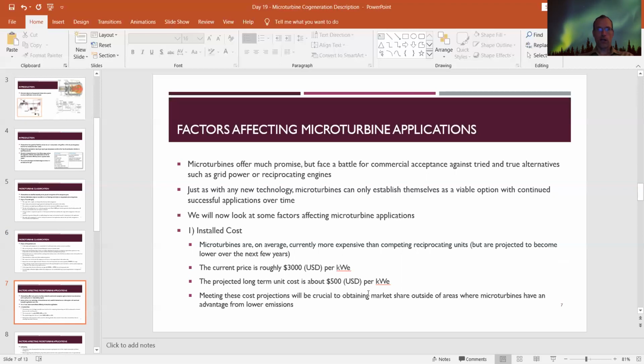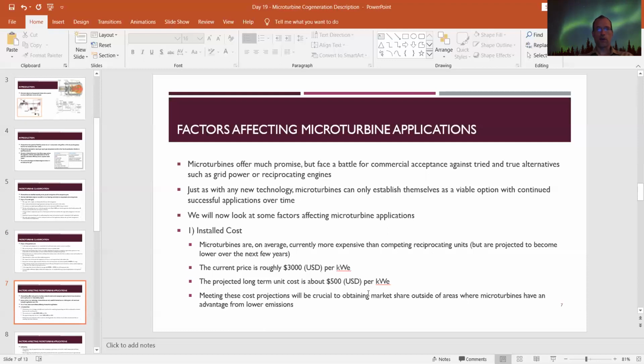Some other factors you want to look at are the installed cost. On average, they're currently more expensive than the other alternatives, the reciprocating units. But again, hopefully with more research, and with them being used more and produced more, it's projected that they'll be cheaper over the next few years. Current price is roughly $3,000 per kilowatt equivalent.